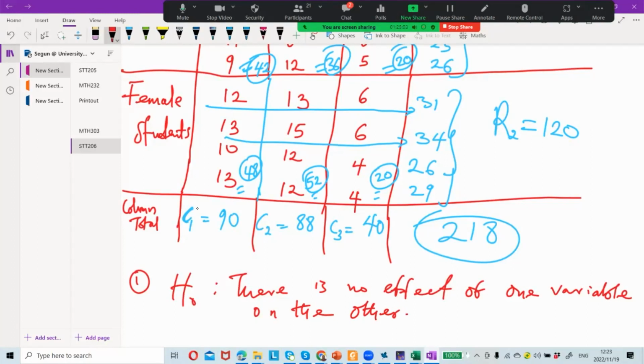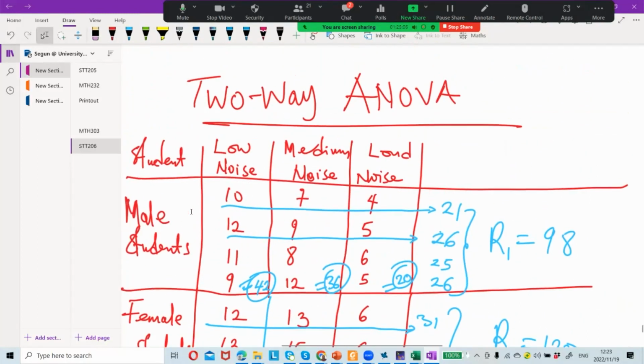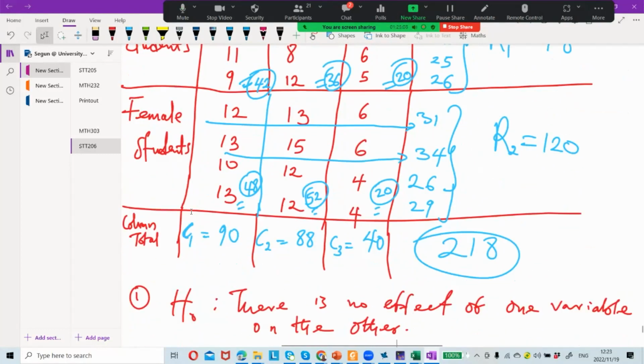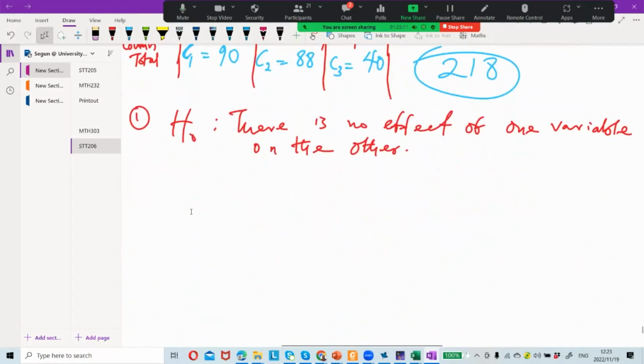So you know how many variables we have now. Are we talking about noise? Are we talking about gender? Are we talking about both? So the alternative will be the opposite of this. That is, there is an effect of one variable over the others. So you can fill in the gap.